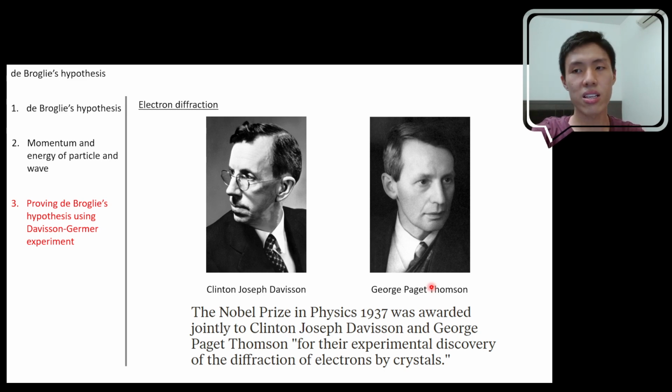In the next part, we are going to move on to other sections and talk about the electron microscope, which is a result of an extension of the study of Davisson and Thomson. We are able to create devices like the electron microscope. So in the next section, we'll be talking about the electron microscope and why it is superior compared to the light microscope that we have been using all this while.